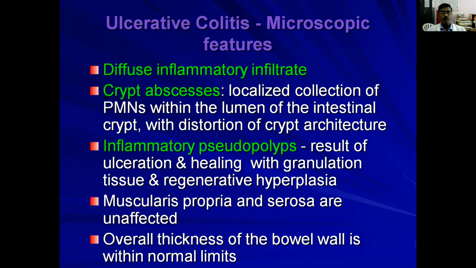It shows a diffuse inflammatory infiltrate, and crypt abscess, nothing but a localized collection of polymorphs within the lumen of the intestinal crypt with distortion of crypt architecture. Inflammatory pseudopolyps result from ulceration and healing with granulation tissue and regenerative hyperplasia. Muscularis propria and serosa are unaffected. Overall thickness of the bowel wall is within normal limits.